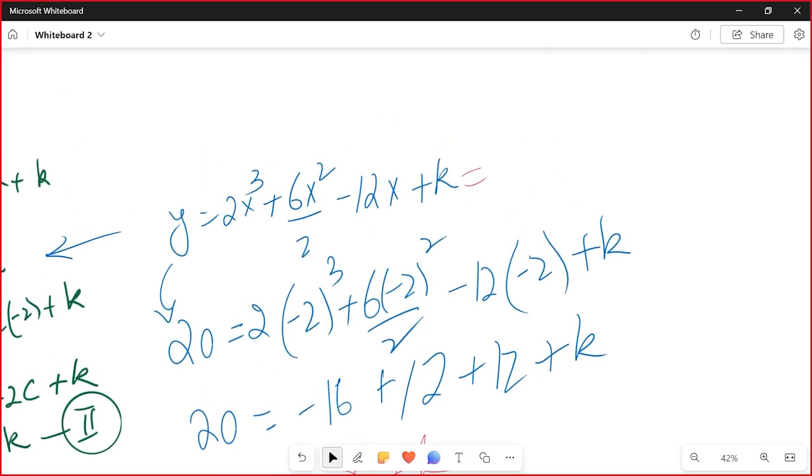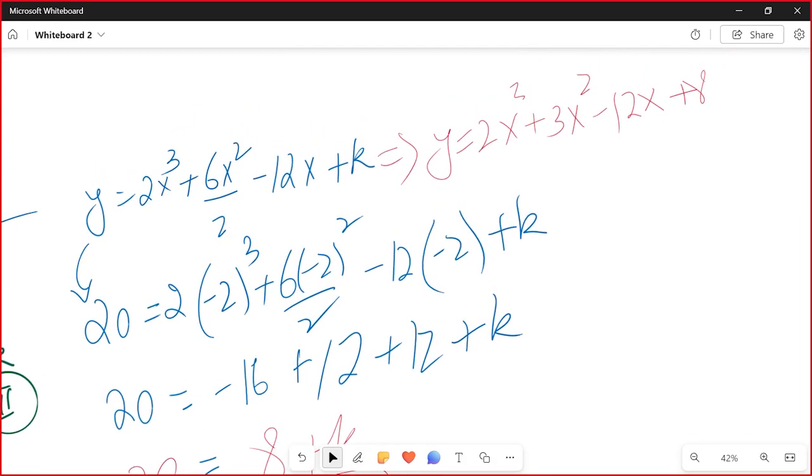So the equation would be, how should I write it? Y is equal to 2x cubed plus, as you said, 6 divided by 2 is 3, x squared minus 12x plus 8.